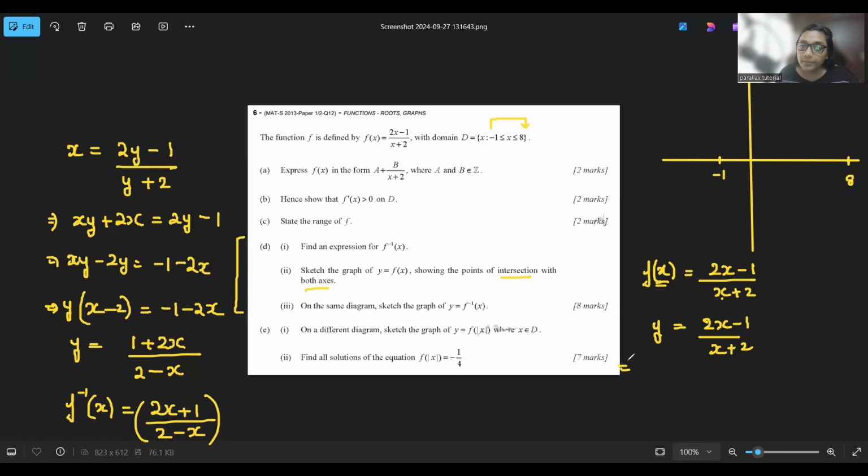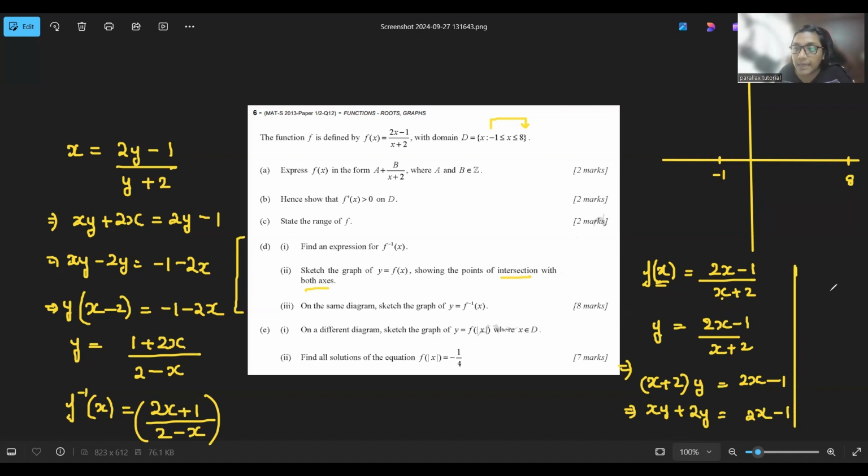If we take the x plus 2 to the other side, x plus 2 into y will be 2x minus 1. xy plus 2y would be 2x minus 1.